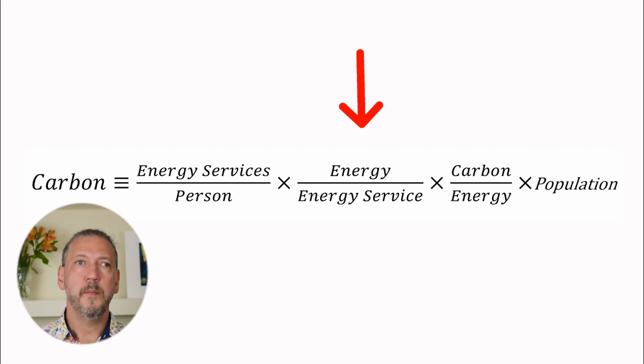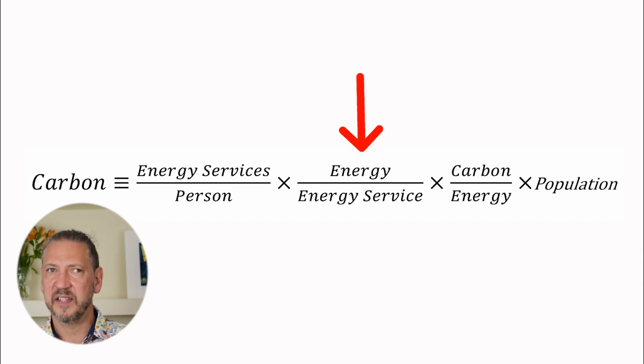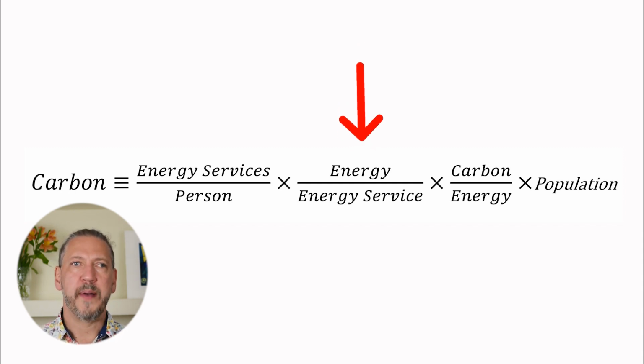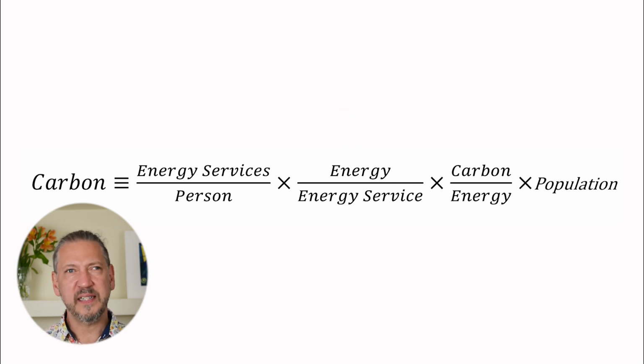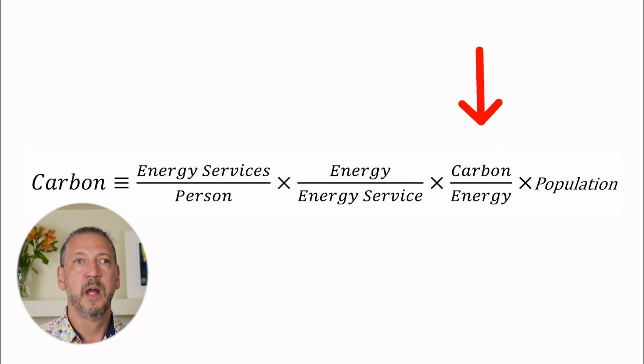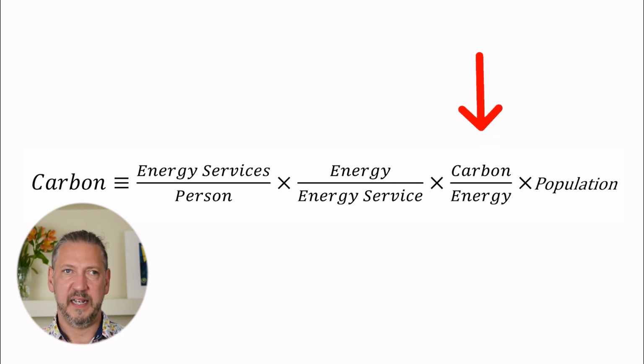The second term is the energy needed to provide those services, called the energy intensity. This term is all about energy efficiency. The more efficient a device is, the less energy is required to provide the needed service. This is then multiplied by the amount of carbon in the fuel required to deliver that energy, which is called the carbon intensity.